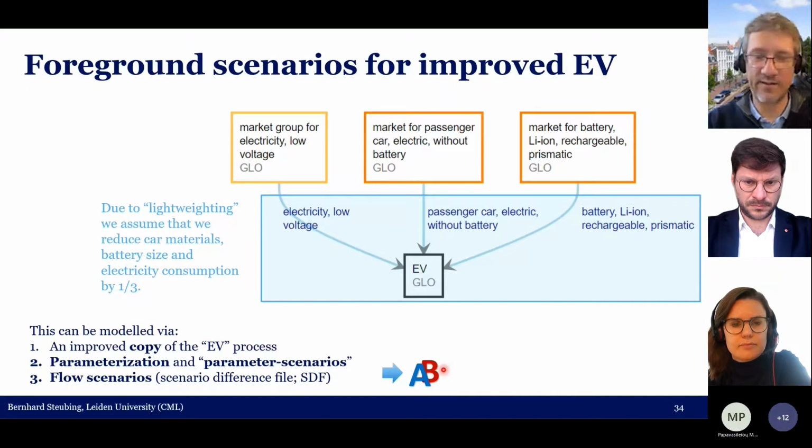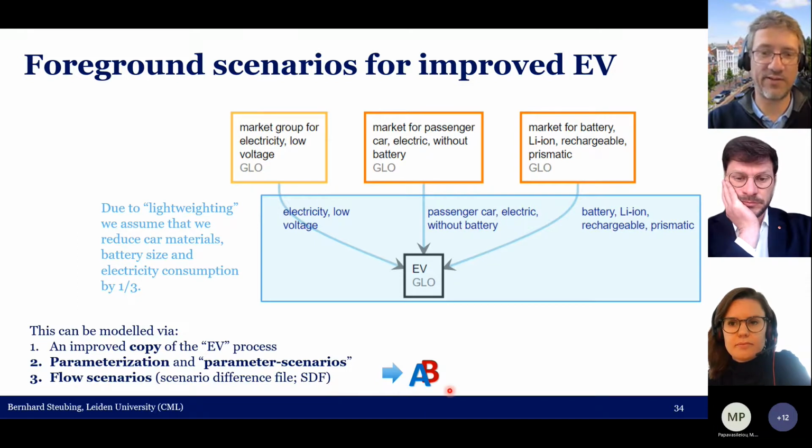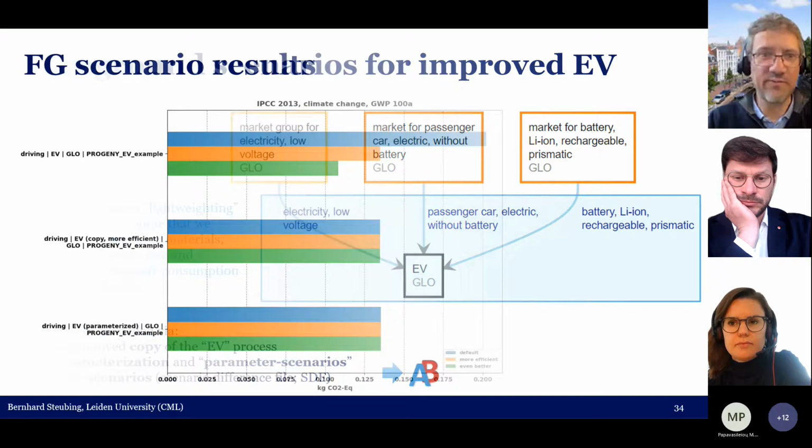Okay, so these are possibilities of implementing scenarios. I personally would do it in the third way, the flow scenarios, because that is the most flexible and also the most robust, and it combines quite well with background scenarios. Now let's move on.